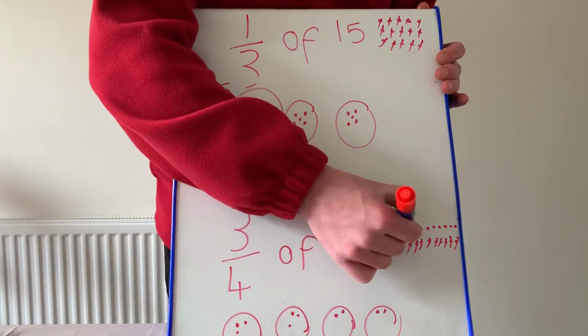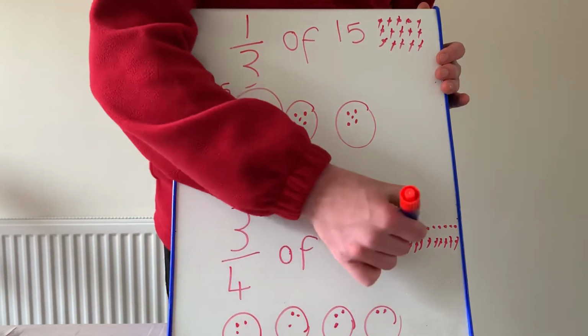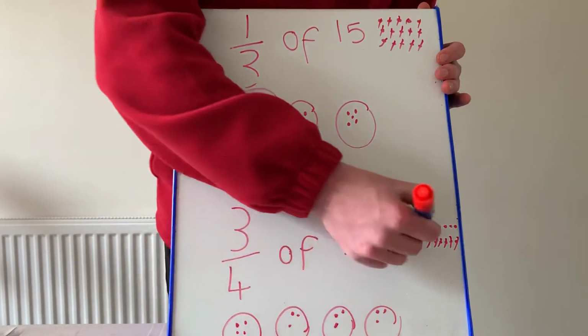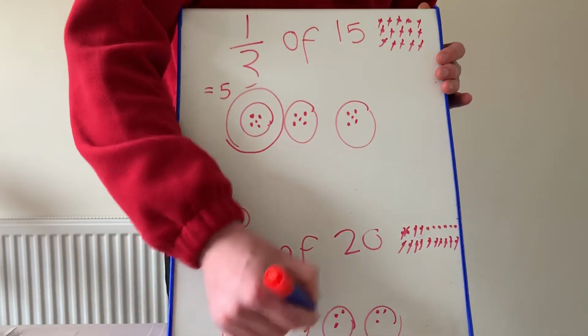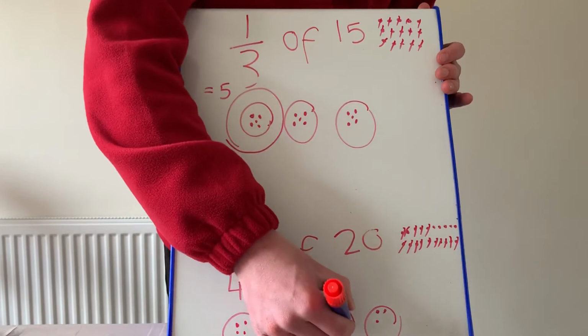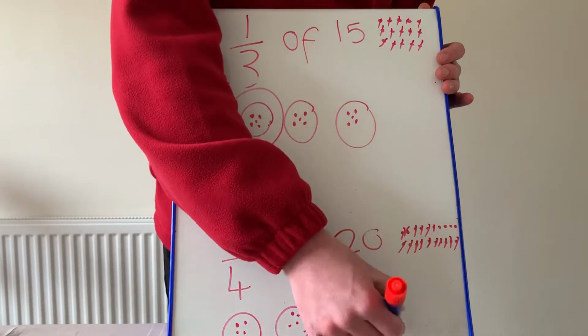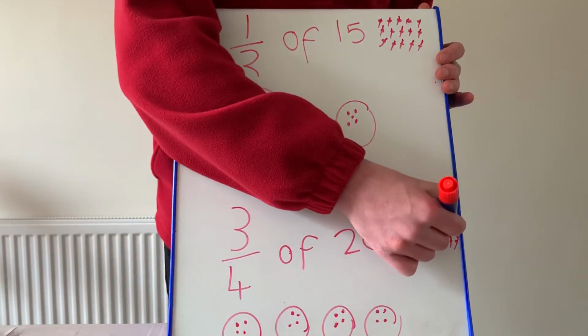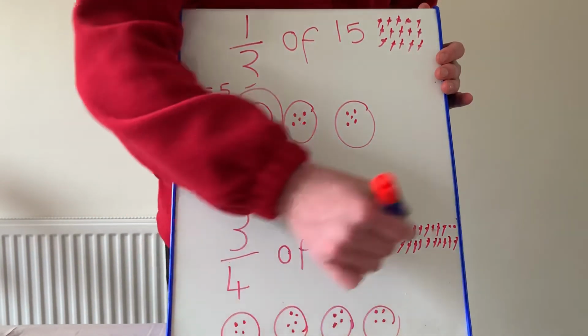It's quite difficult doing it upside down. Nearly there. This is the problem when you've got lots of different dots. But if you're really good at your times tables, you shouldn't need them. Oh my goodness me, I think it's going to be 5 again.